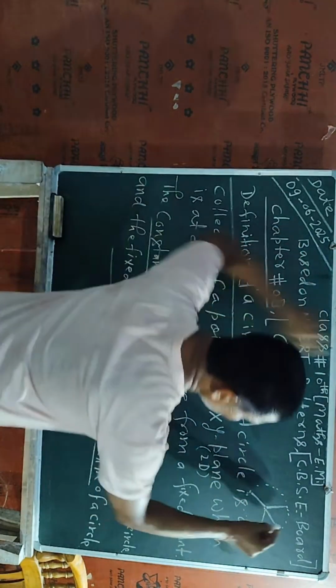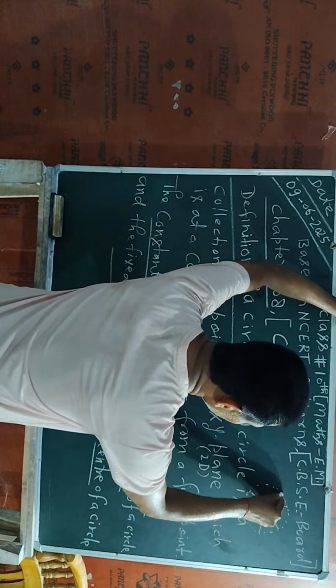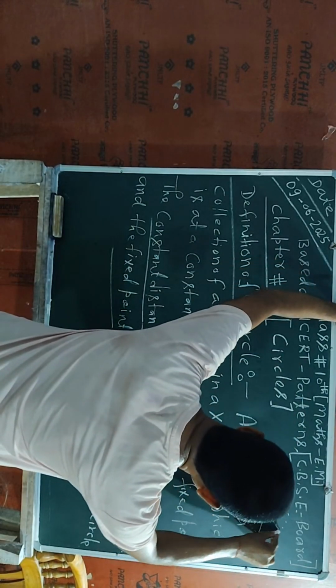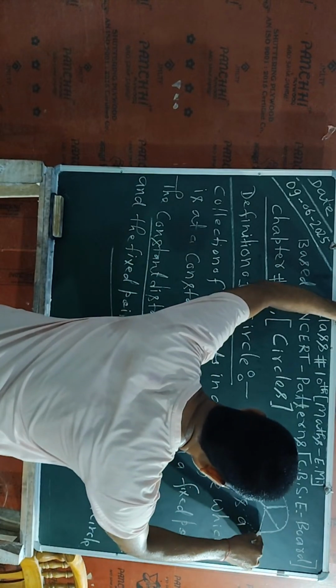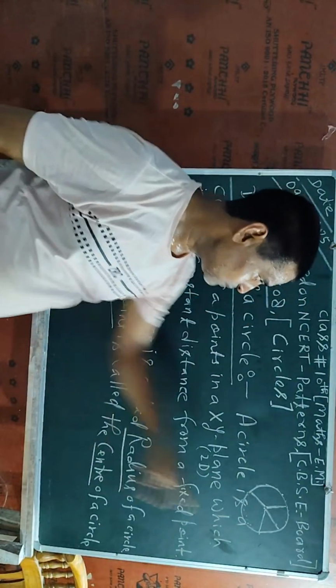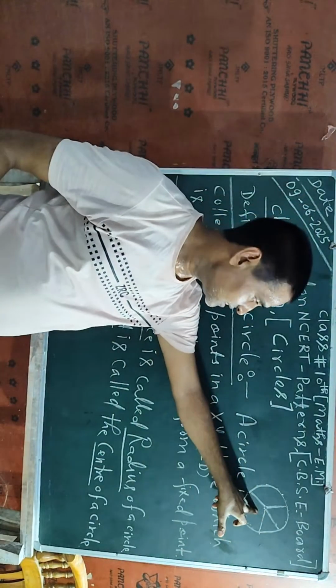So all dotted points I will make. If I draw all dotted points, after drawing I will get a figure, and that figure I will say is the circle.